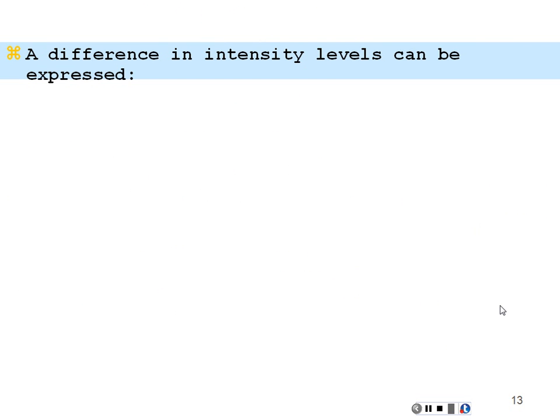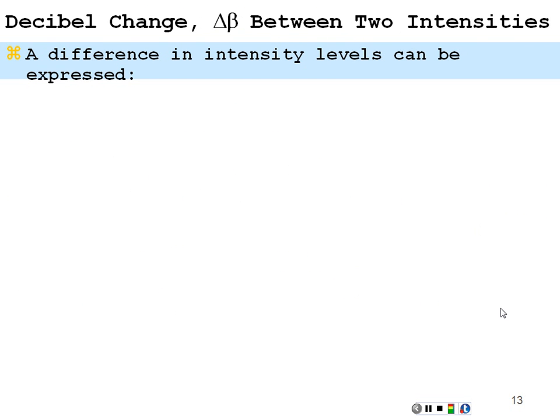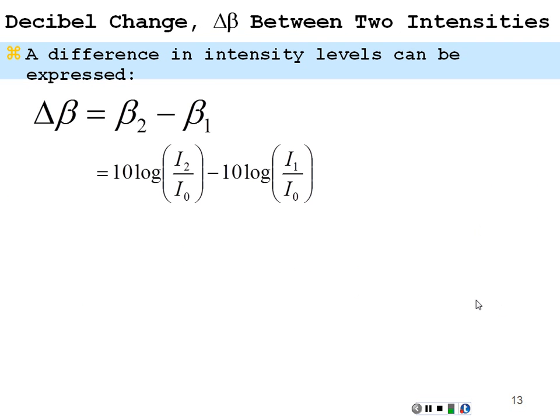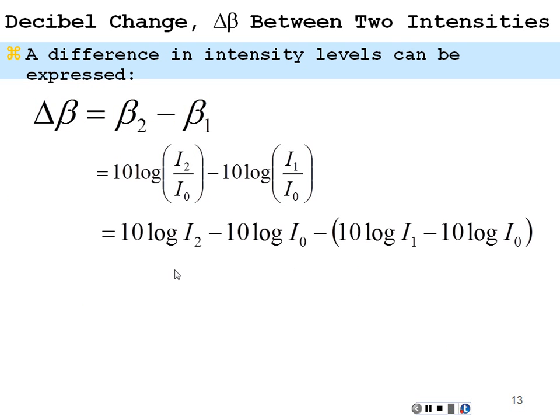We can express a difference in intensity levels by using our logarithmic math. A difference would be intensity level 2 minus intensity level 1. And if I expand this out using logarithmic math, I would get 10 log I2 minus 10 log I naught, minus 10 log I1 minus 10 log I naught. A minus minus in this second parentheses will be a plus, so my 10 log I naughts will cancel out.